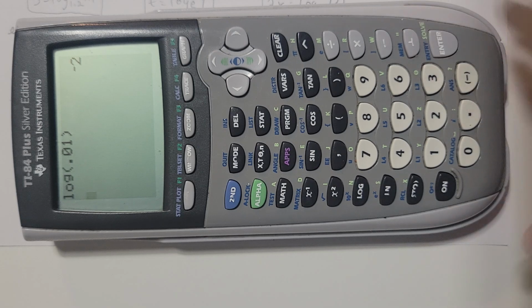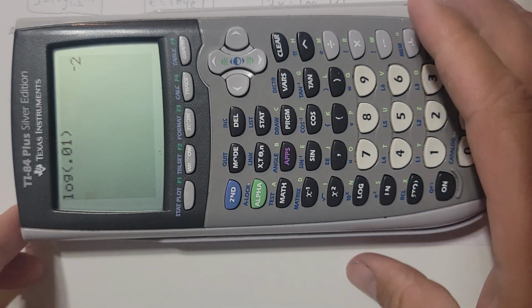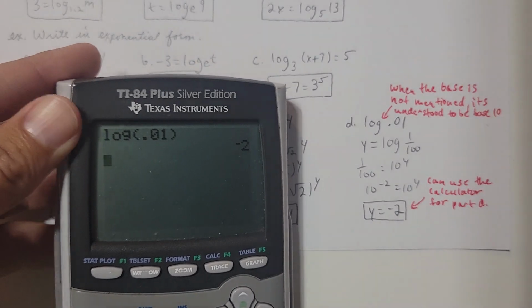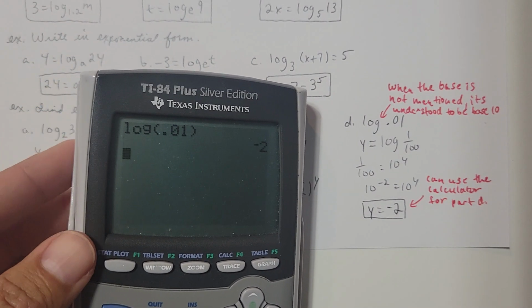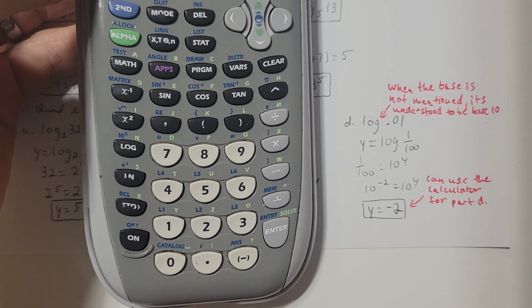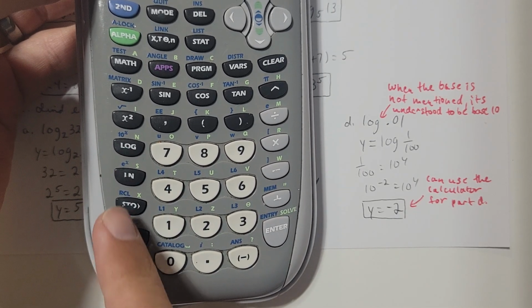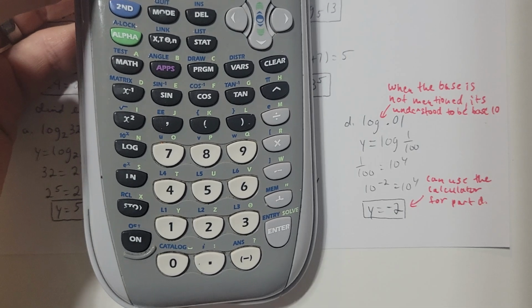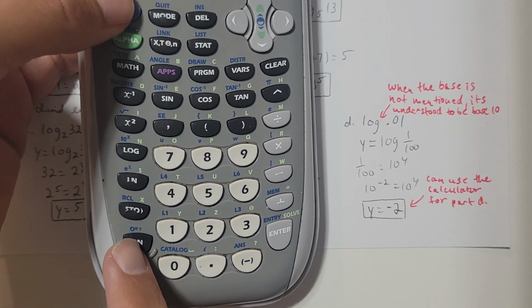Okay, that's negative 2, and yes, that's what we're getting. So I got a log base 10 button, and then an ln button. I'll talk about the ln function here shortly.